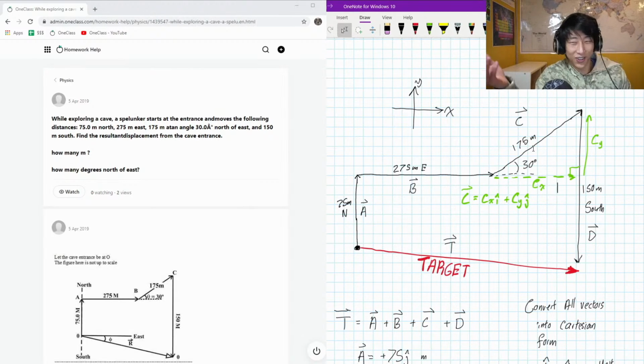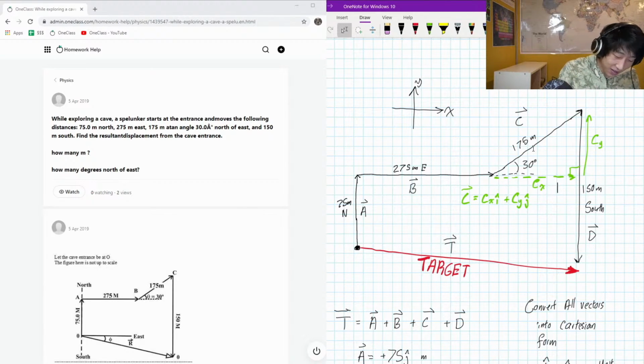SOHCAHTOA, does that sound familiar? It sounds familiar to me. So that's essentially exactly what we're going to be doing here. Our CX component is adjacent to the angle, so that's going to be cos 30 times 175 meters.